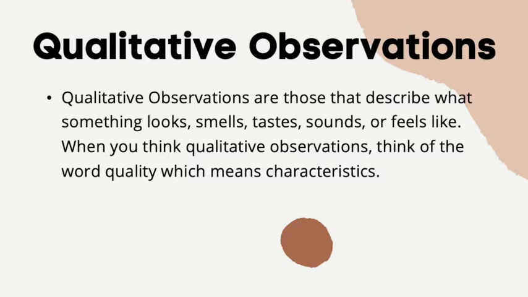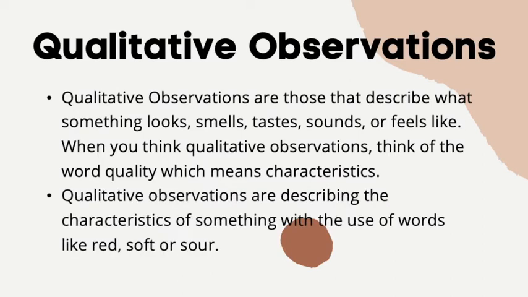When you think qualitative observations, think of the word quality, which means characteristics. Qualitative observations are describing the characteristics of something with the use of words like red, soft, or sour.